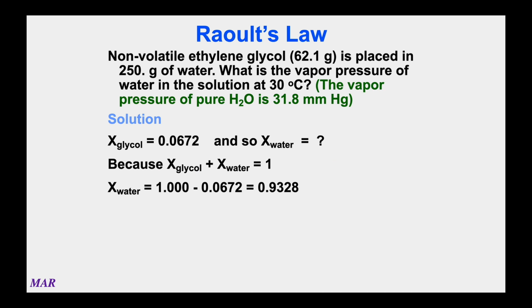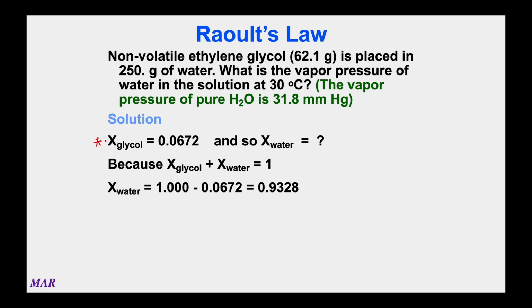Earlier, we did a problem where we had 62.1 grams of ethylene glycol and 250 grams of water. When we went through the problem, we calculated that the mole fraction of the ethylene glycol was 0.0672. We can use all this information to calculate the vapor pressure of water in the solution at 30 degrees Celsius.